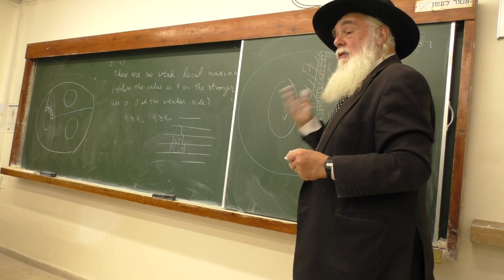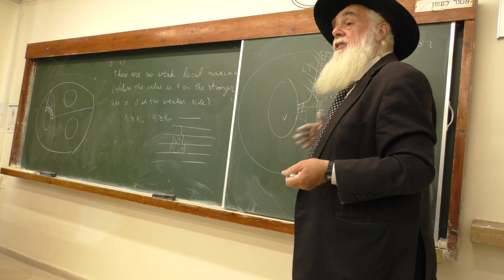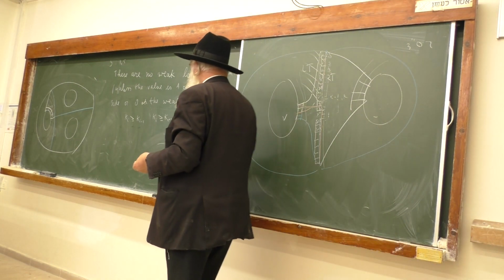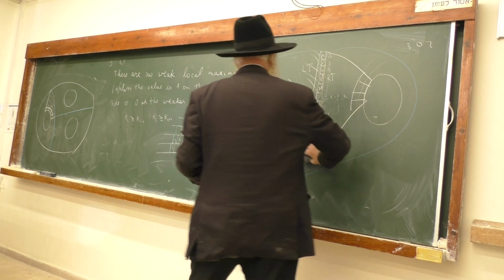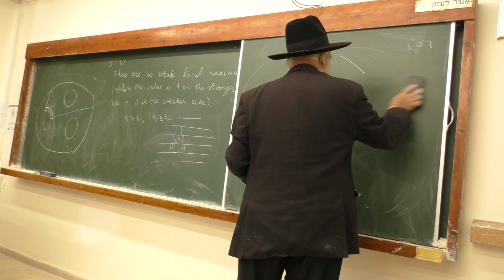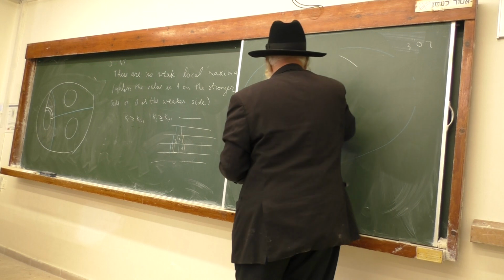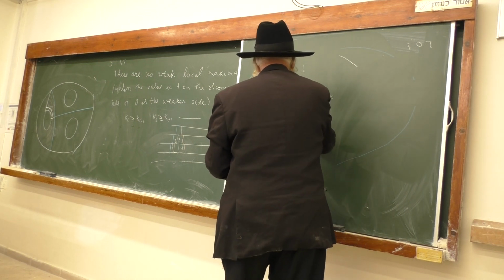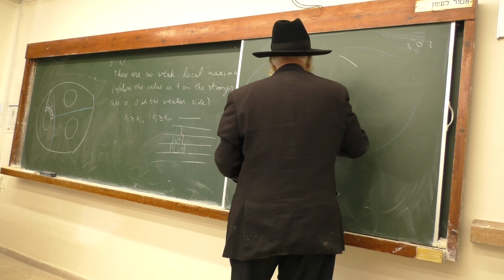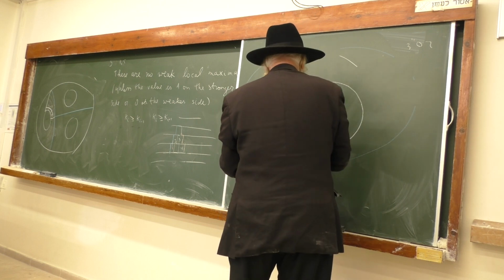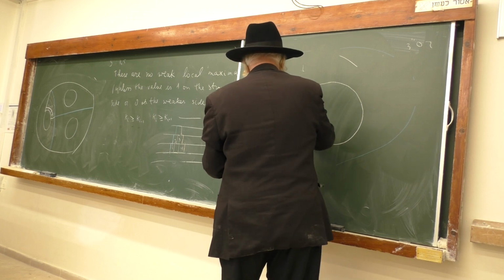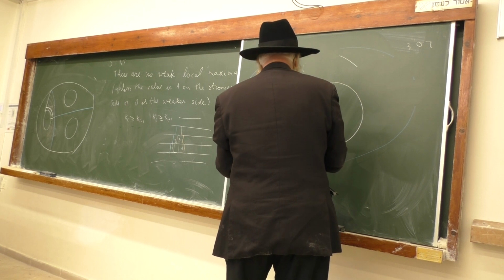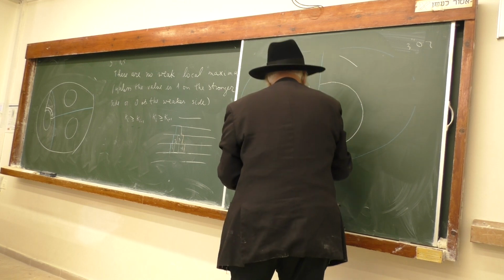So the only possibility that escapes this mechanism is the following. That we may have a situation where, if this is the strong side, this is the weak side, the strong side will take it this way.